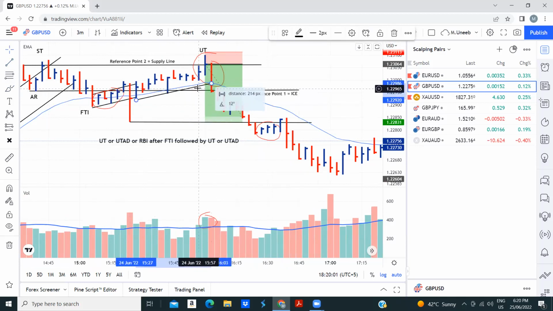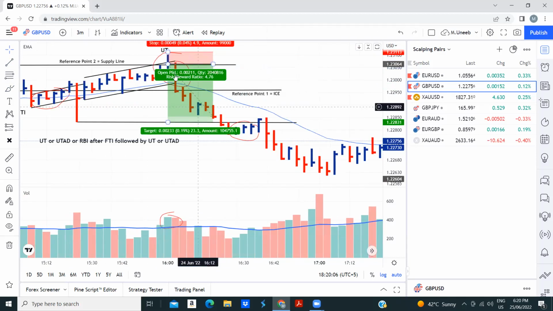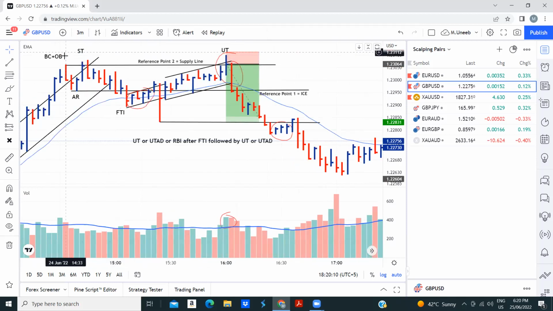Am I right? And you will see that this UT comes exactly as an overbought of this mini channel and also a UT of this major distribution.